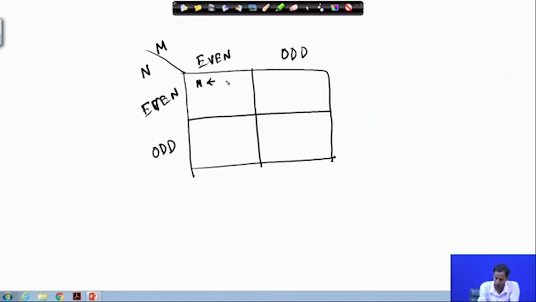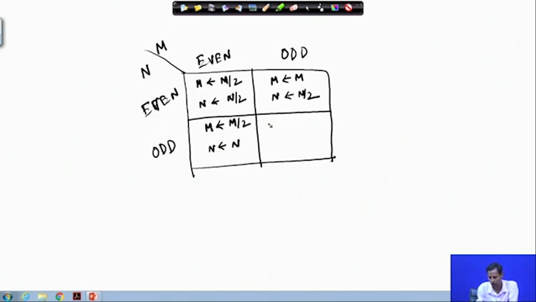M equals m by 2 and n equals n by 2. When m is odd and n is even, m equals m and n equals n by 2. When n is odd and m is even, m equals m by 2 and n equals n.